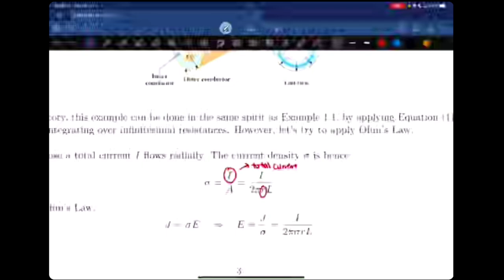And based on this, you found E as a function of r.